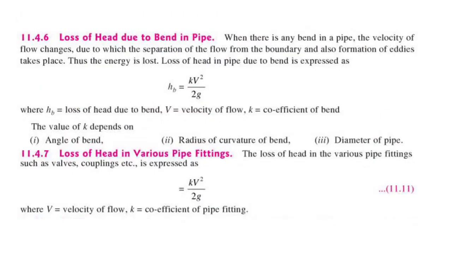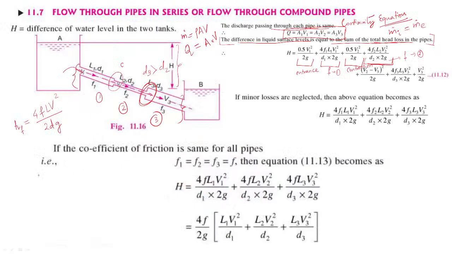Here we don't have V1 minus V2, because the change is between pipes 2 and 3. So it is V2 minus V3 whole square by 2g. This is due to sudden enlargement.